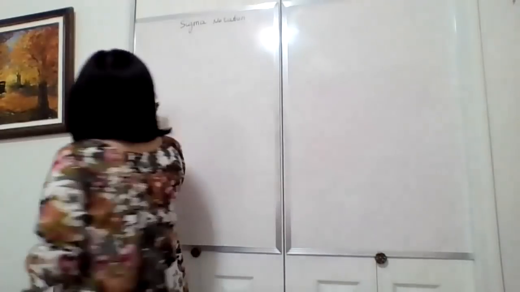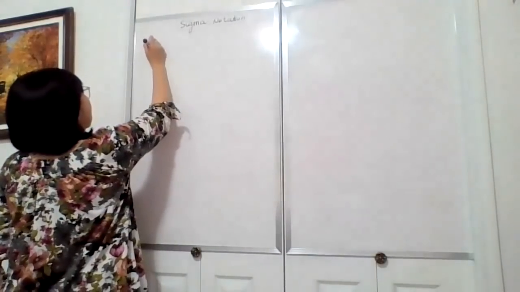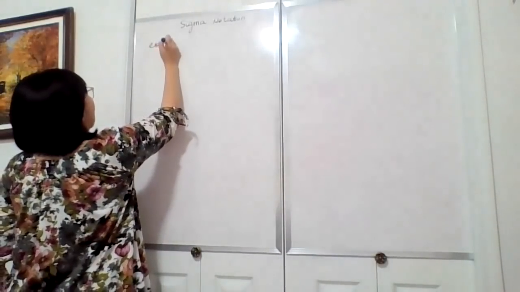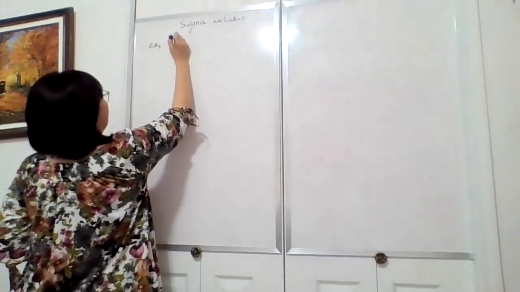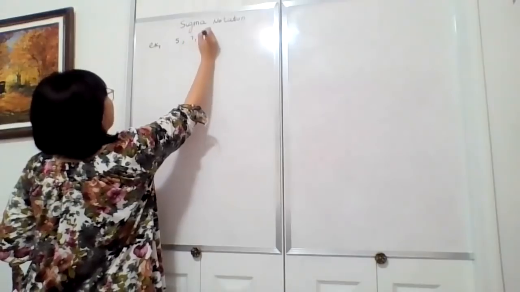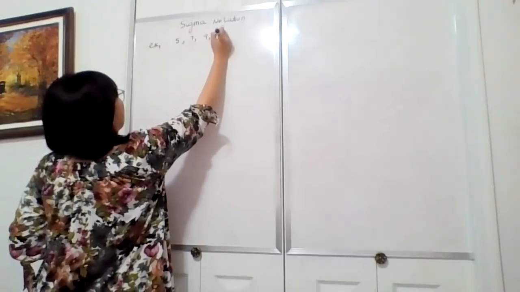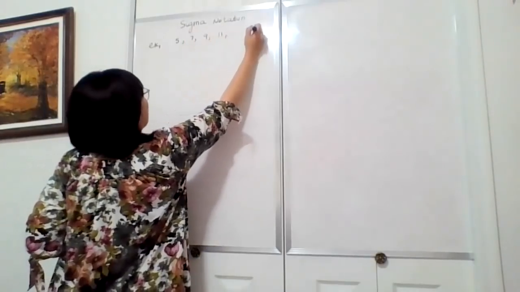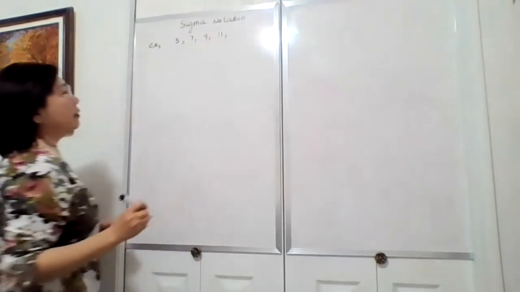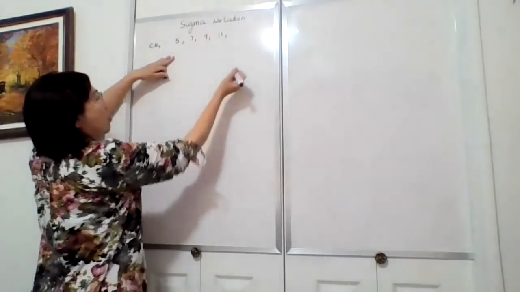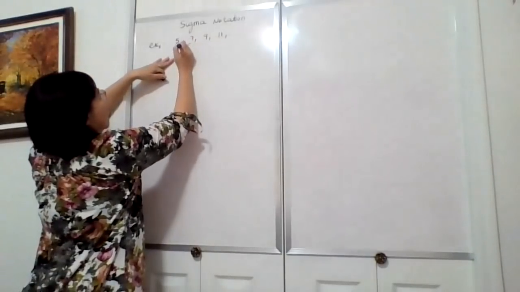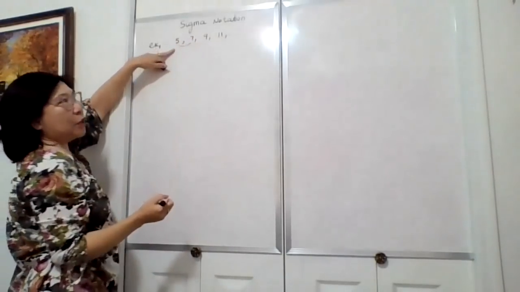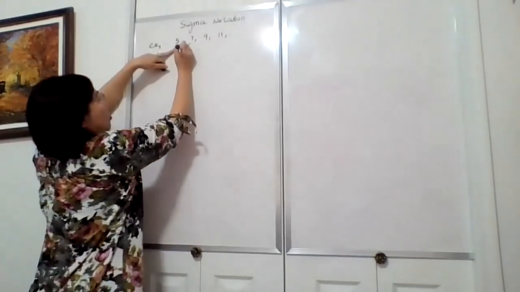For example 1, you have an arithmetic sequence: 5, 7, 9, 11, and so on. We call this a sequence because each term is based on the previous term adding 2.